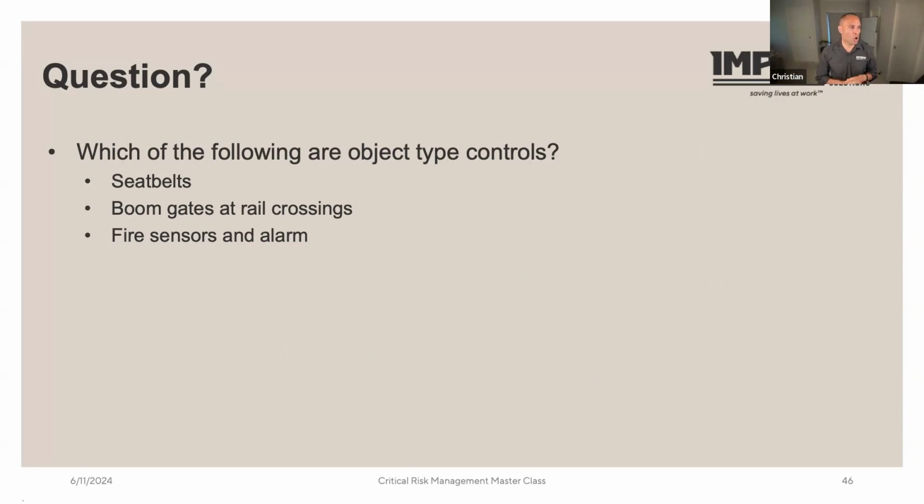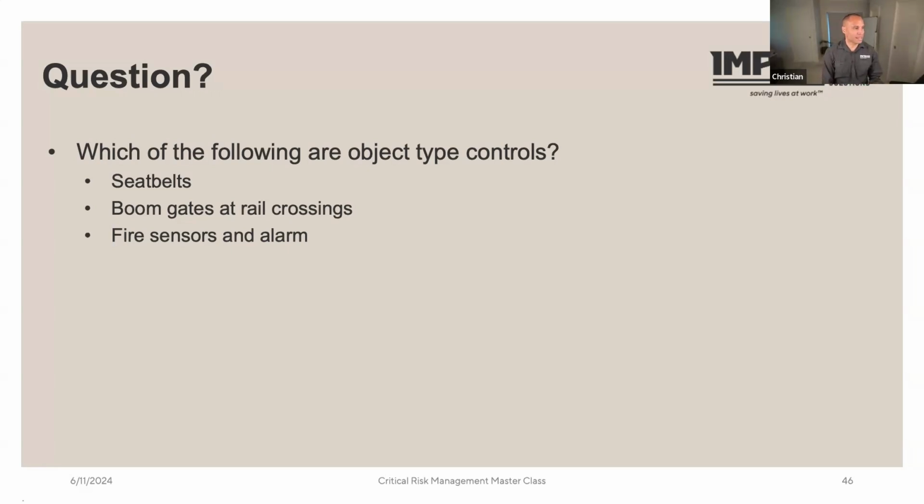Which of these are object type controls? Yeah, so think about the definition of object. Which of these are object type controls? What do people think? Give everyone sort of 30 seconds to throw something in. Mark's gone all, David's all, Rob's all, Craig's all. Okay, everyone's gone all in.